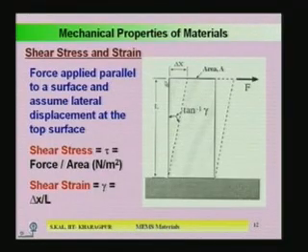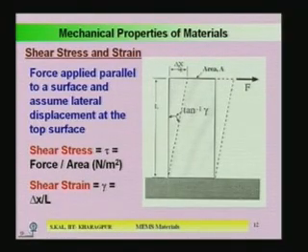On the upper part of this body you have applied a force in this direction, parallel to this surface. So what happens is the top plane is deformed while the bottom is fixed. Initially it was in this shape. Later on, if you apply force at the top of this surface, it bends in this direction, and the dotted line is the new position.